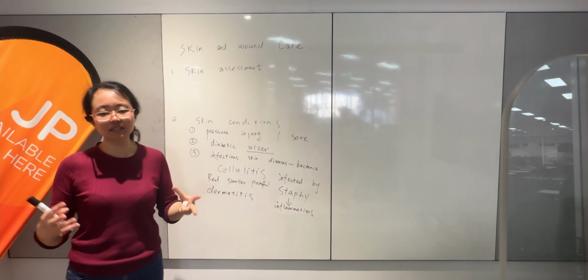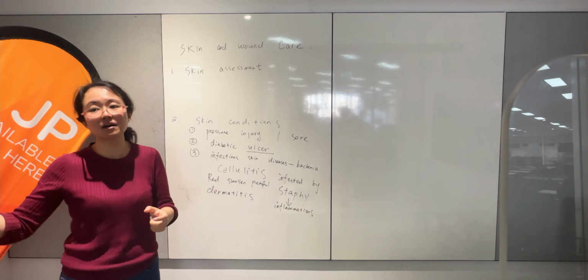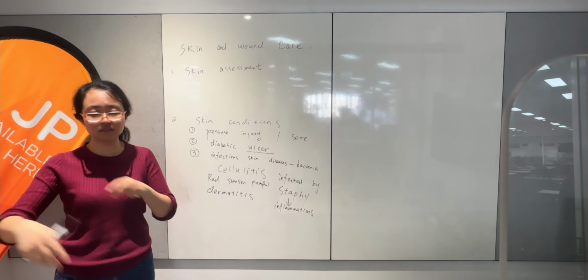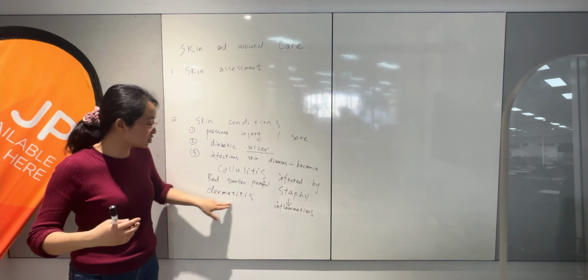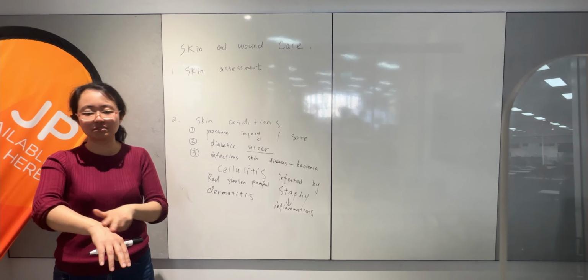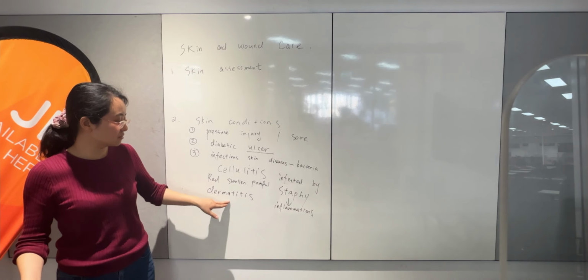Dermatitis is inflammation that happens on the skin triggered by some allergies. The skin could be allergic to something in the environment, and once those things get in contact with the skin, it shows problems like rashes and redness. This is called dermatitis.